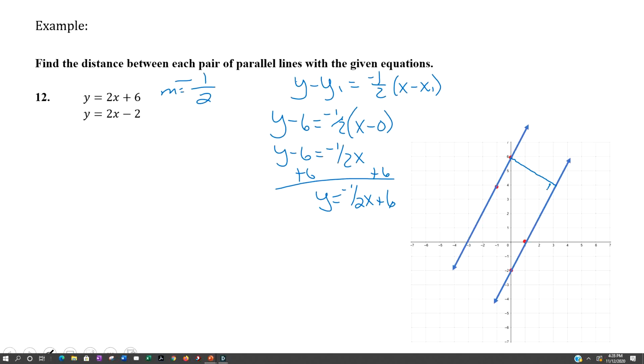So let's plug 3 in and see what I get. If I plug 3 in for x, I get y equals negative 1/2 times 3 plus 6, and that's really going to be ugly. What an ugly problem. Why did I pick this problem?